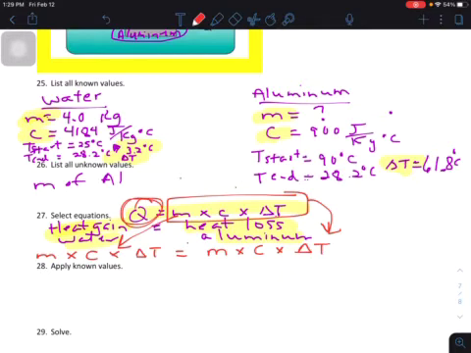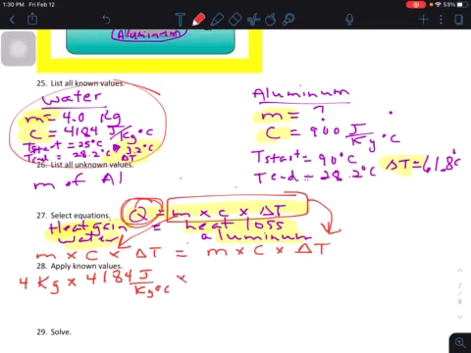So now let's put our values in. I'm taking these numbers from up here. The mass of the water was 4 kilograms times the specific heat of the water, 4,184 joules per kilogram per degree Celsius, times the temperature difference.